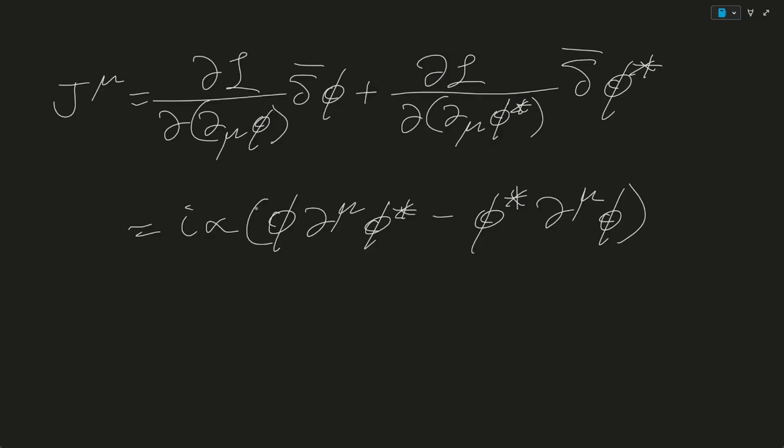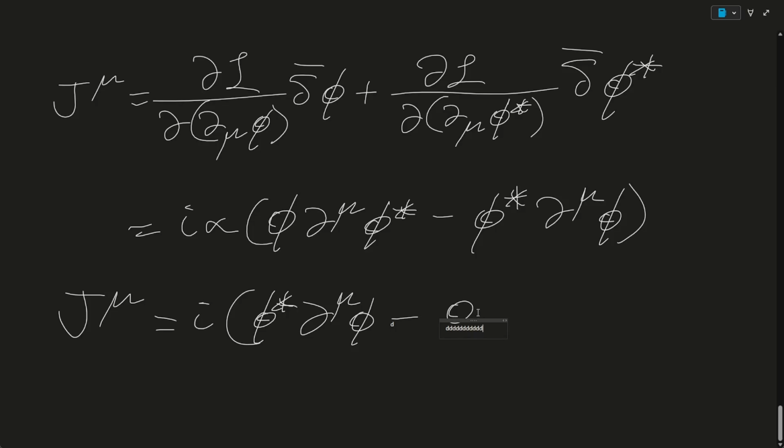But what's important is we can now get rid of this scale factor alpha. And so we actually get a j of mu conserved in U1. And this is our electromagnetic current density. This is i times our conjugate of phi d mu of phi minus phi times the derivative with respect to mu of our conjugate of phi.